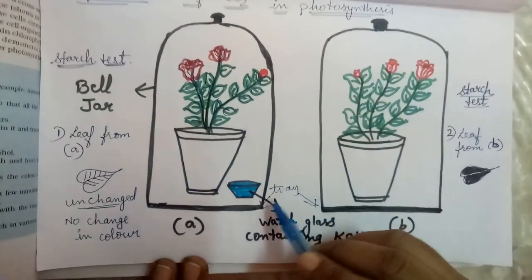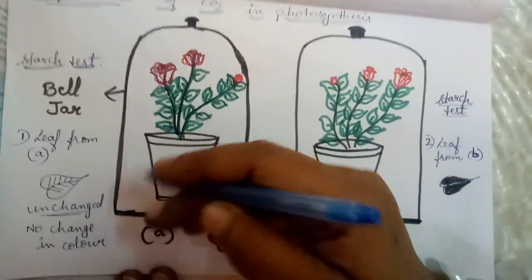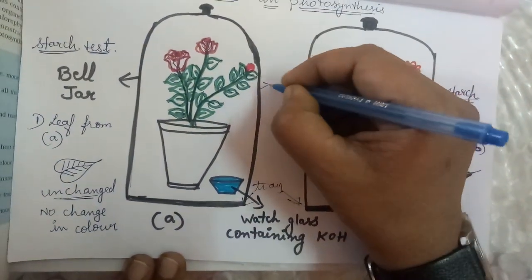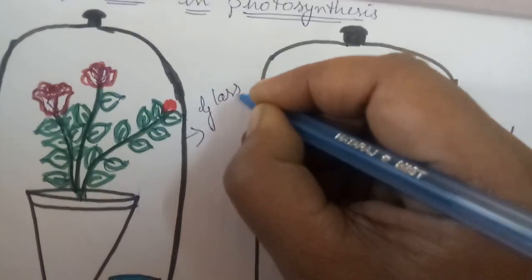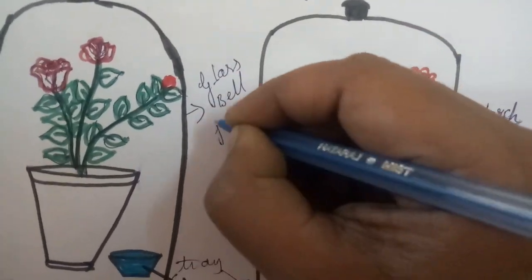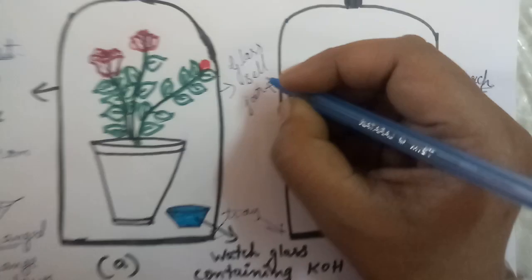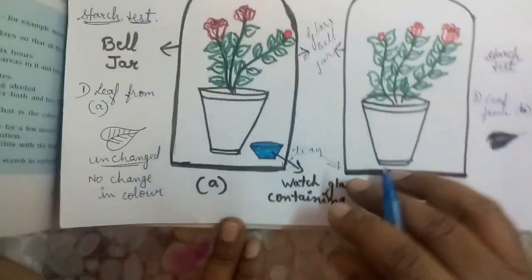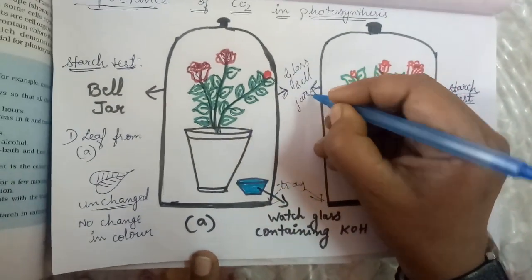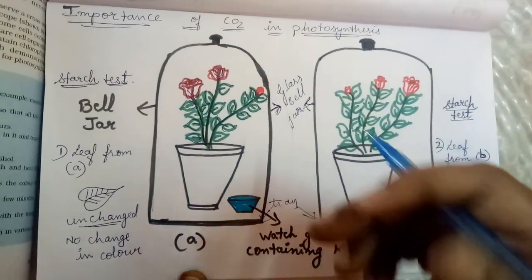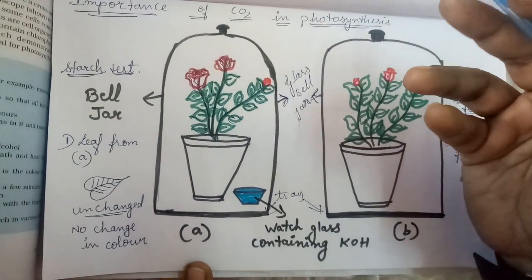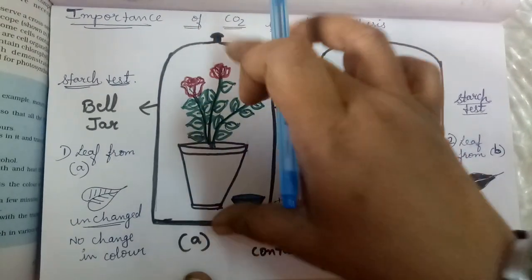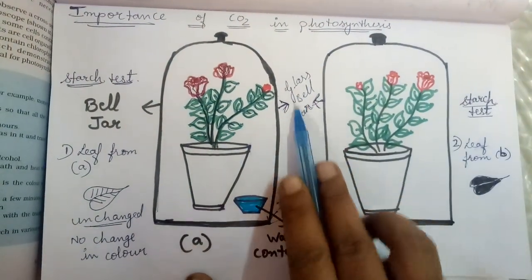Then on this tray you can see both of these potted plants are covered by a glass bell jar. This is a glass bell jar, made of glass material, so it is transparent. This is how we cover the potted plants with the glass bell jar.